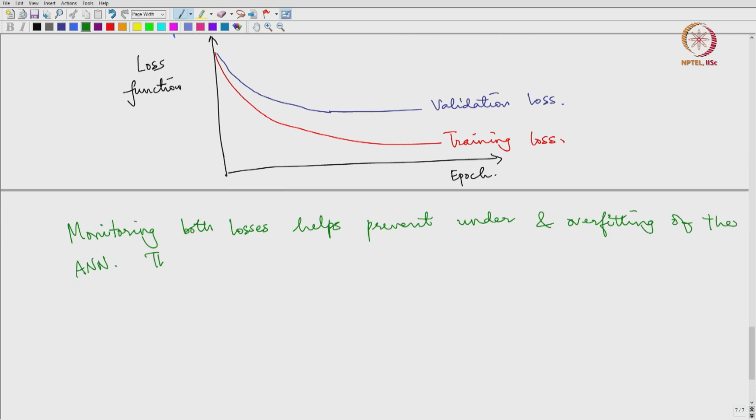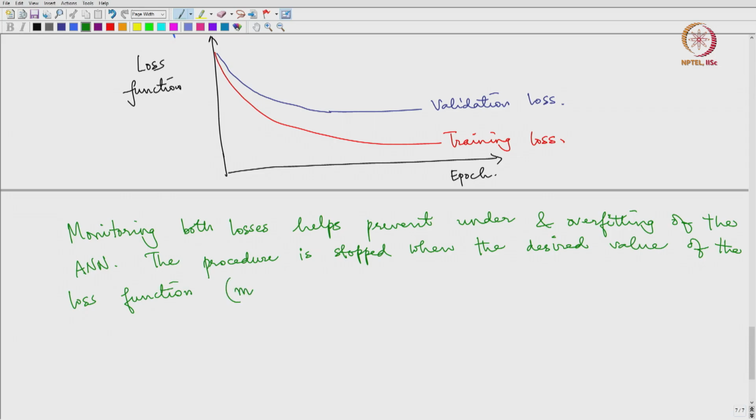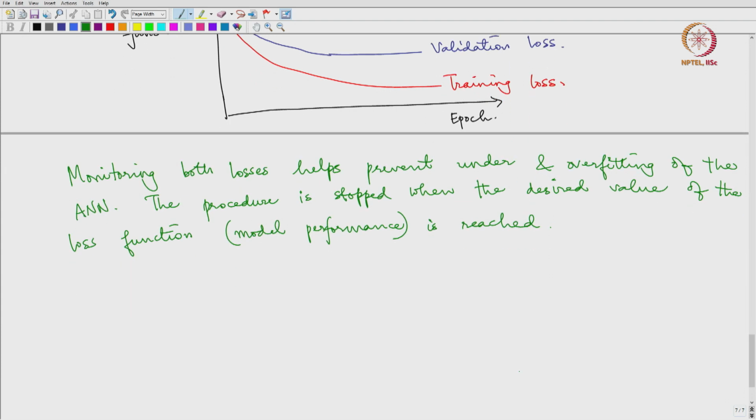So, the procedure is stopped when the desired value of the loss function is reached, which is basically when the desired model performance is reached.